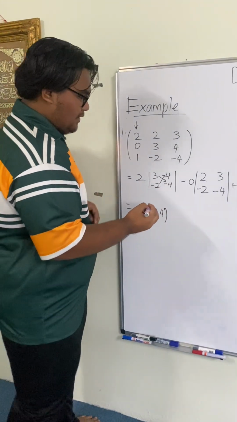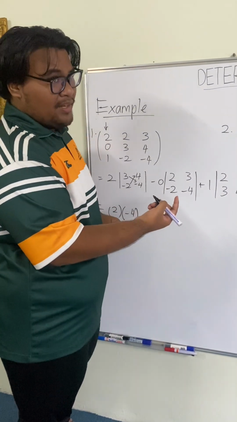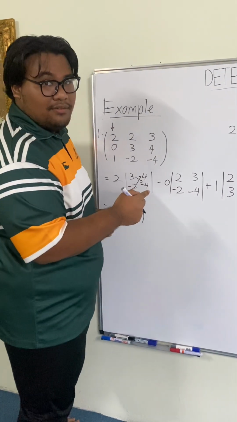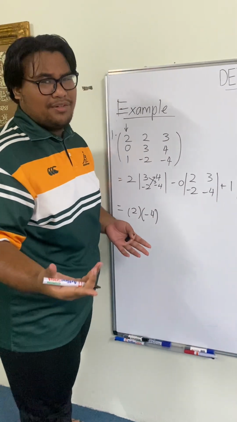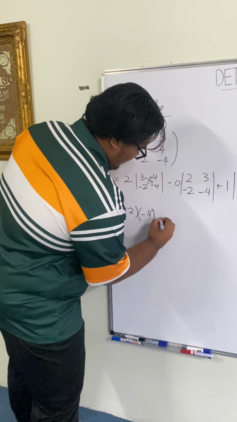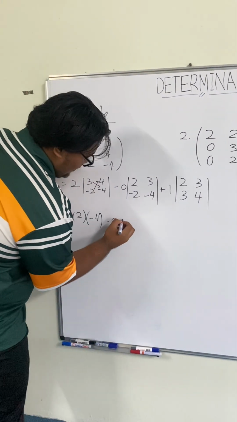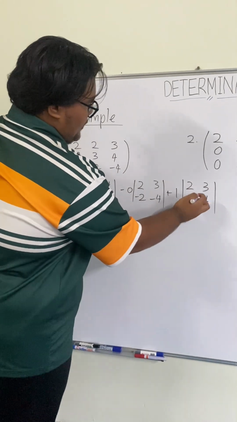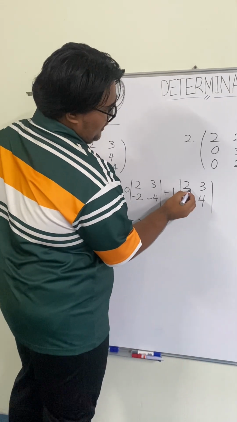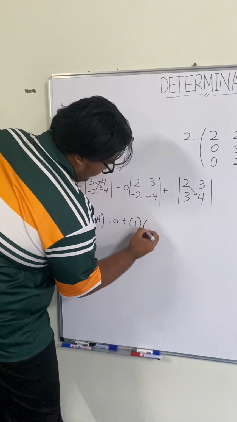And then this one is 0, right? 0 multiplied by any number is 0, so just write down 0. This one is 1, so minus 1. For this one, 2 multiplied by 4 is 8, and this one is 9, so negative 1.